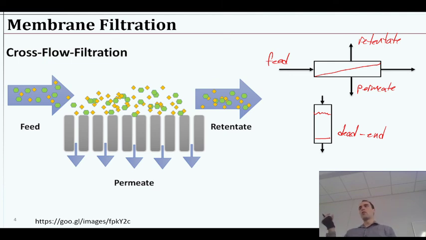The syringe filters are disposable basically, so you use it once and you toss it out typically. Whereas the cross flow or continuous, which is this guy, that's designed for continuous flow, continuous operation, all of that. So this one's the cross flow, distinct from this dead end filtration.